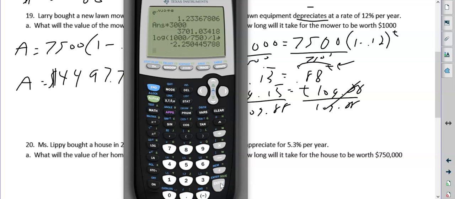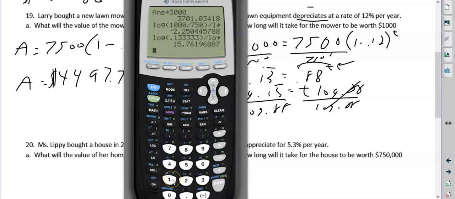And something went wrong. Let's see. Let's just try the log 0.13 repeating divided by log 0.88. Okay, that did it right.